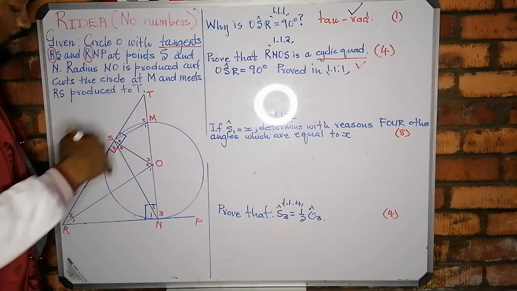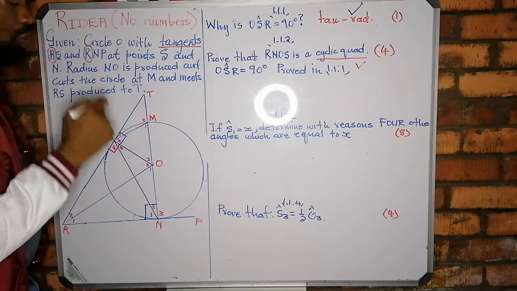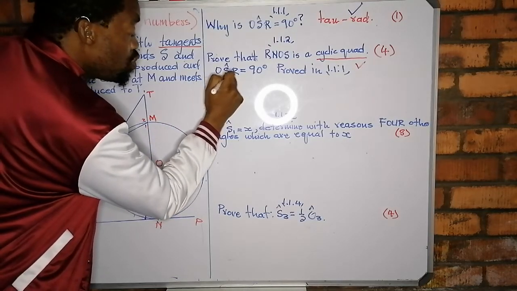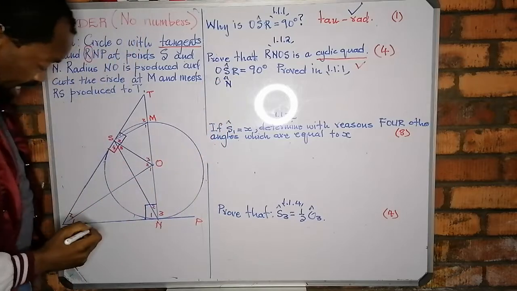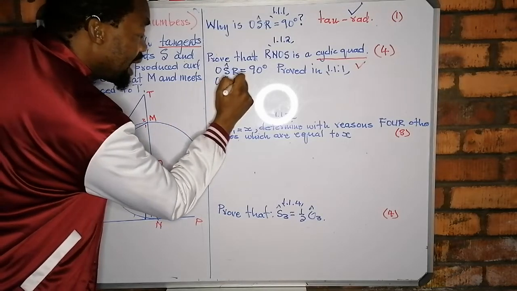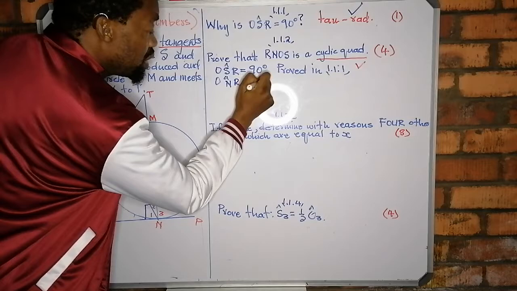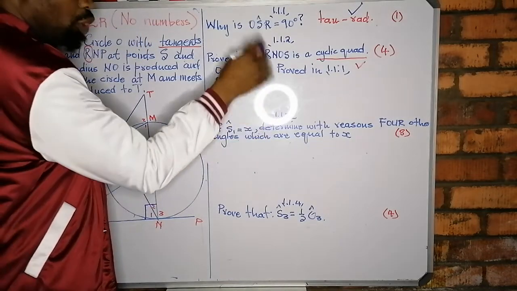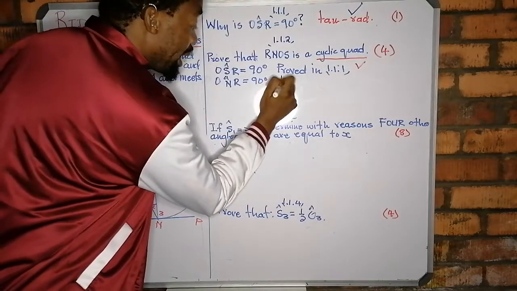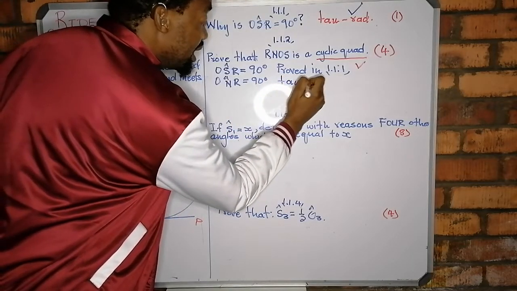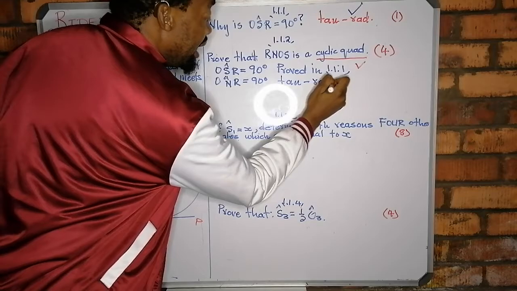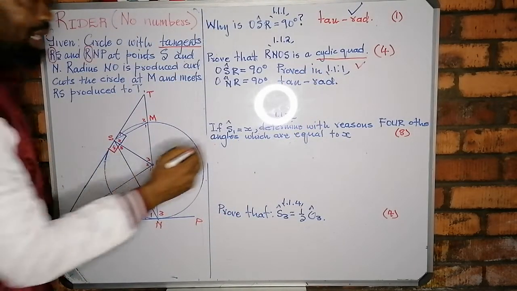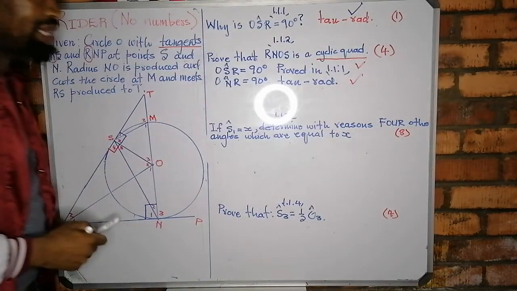Then I go on to say, but what I know again is the fact that angle LONR is also equal to 90 degrees. How do I know that? I did not prove it now. That is why I'm going to say it is because it's a tangent and a radius and they are perpendicular at a point of contact. I get another mark again.